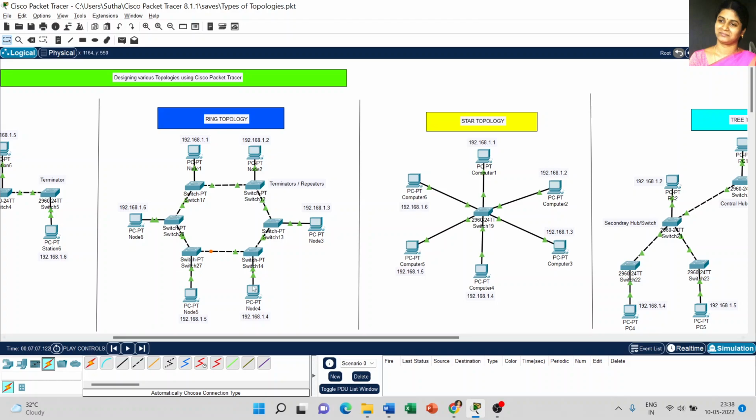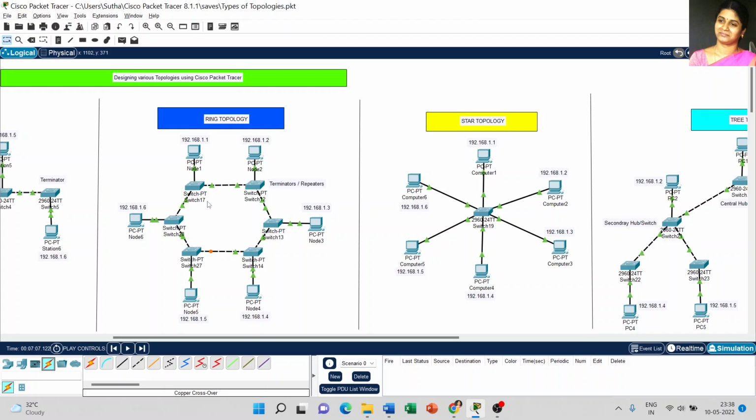So you have to understand, based on the network structure, what kind of cable we are using.